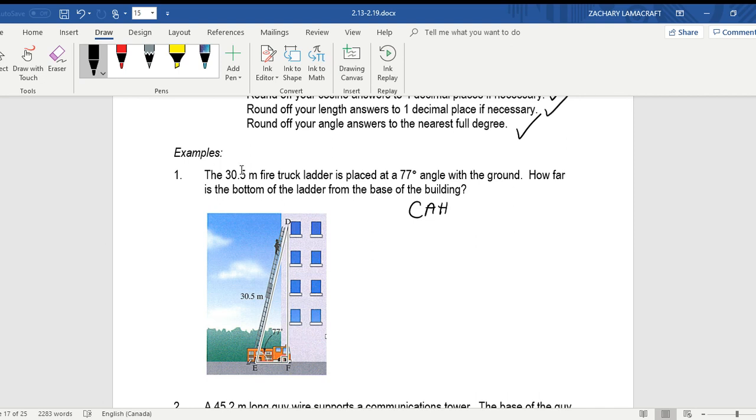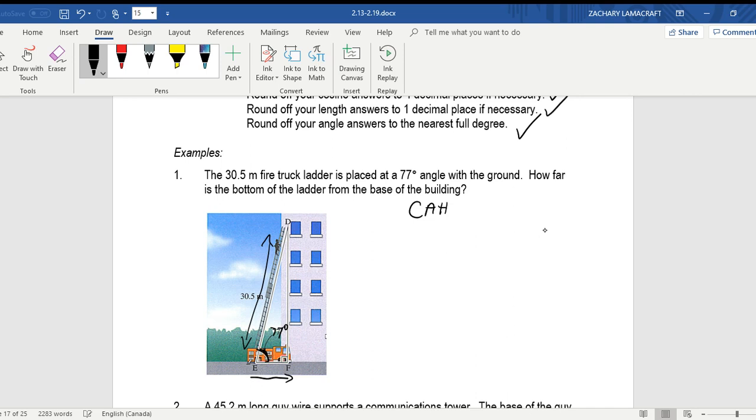It says the 30.5 meter fire truck ladder is placed at a 77-degree angle with the ground. So we have this ladder we can see here, and this angle here is 77 degrees. And it says, how far is the bottom of the ladder to the base of the building?